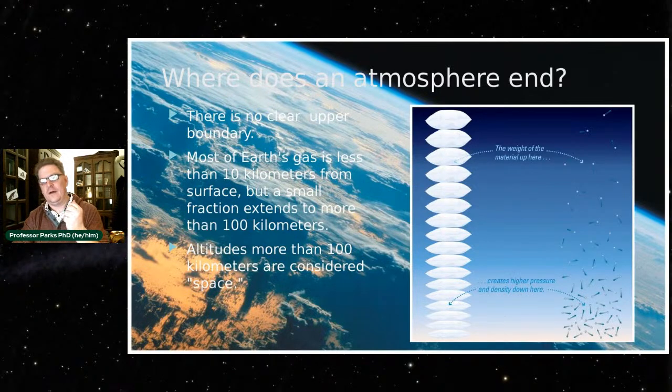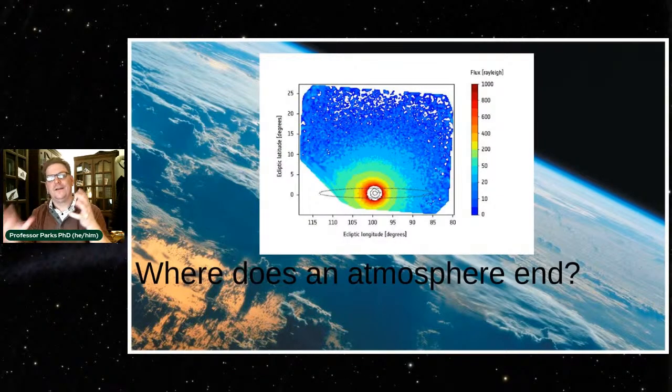However, that's not exactly right if you go to the strict definition that I had at the very beginning, which is the particles that are gravitationally bound. What we have found, and actually we knew this for a while, we had the data for a pretty long time, but it wasn't until someone went back through archival SOHO data.